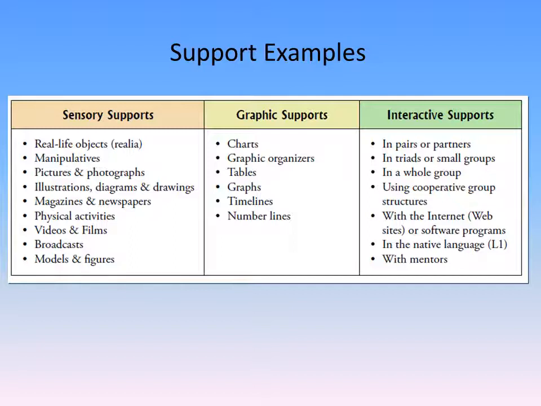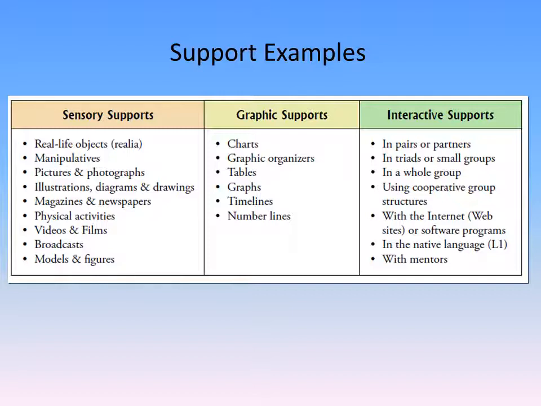There's many kinds of supports that we can give to students, and we break them up into three categories. Like we've talked about before, the first is sensory supports, talking about things they'll be able to take in with their five senses. Could be real-life objects, illustrations and diagrams, physical activities using kinesthetic means, or various things like making broadcasts or using models and figures and things like that. The second category are graphic supports.